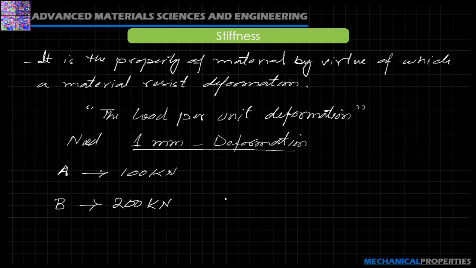So we can say component B requires more load for deformation up to 1 millimeter. So it means the stiffness of component B is greater than the stiffness of component A. It indicates that component B will resist deformation more.